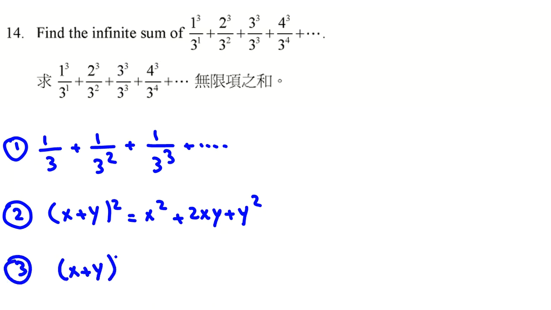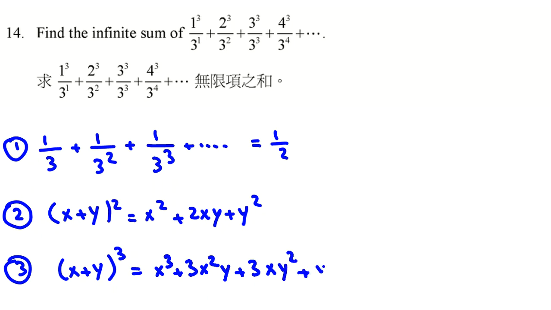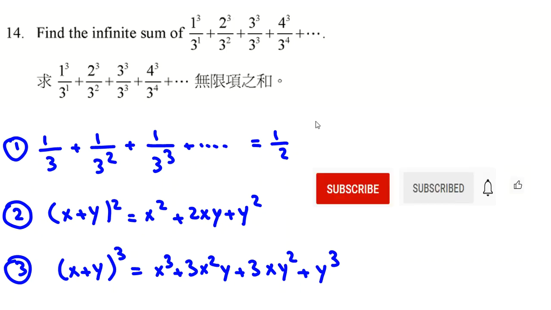We will prove these three identities. We will prove it is 1/2. And the last one, (x plus y) cubed, is x cubed plus 3x squared y plus 3xy squared plus y cubed.